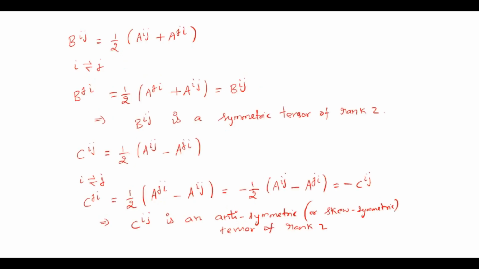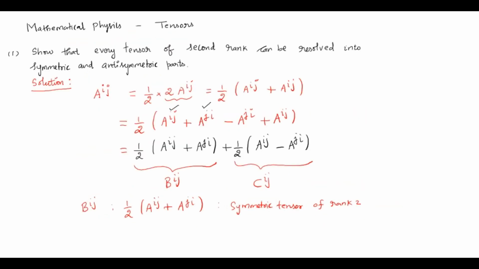The conclusion is that any tensor of rank 2 can be decomposed into a symmetric tensor of rank 2 and an anti-symmetric tensor of rank 2.